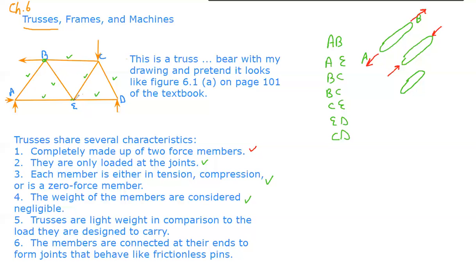Point E, that joint holds those members together by a frictionless pin. Point C, frictionless pin. The only difference would be if they're being supported. So in this example, I think I said that A was being supported by a pin connection, D had a support of a roller. But the rest of the joints all behave like frictionless pins.